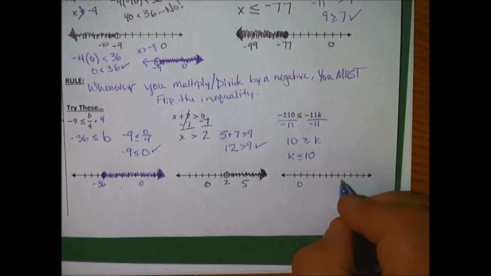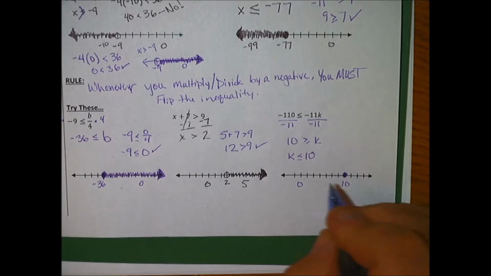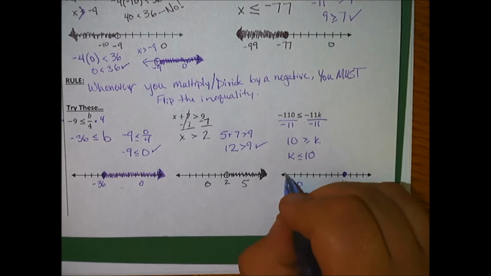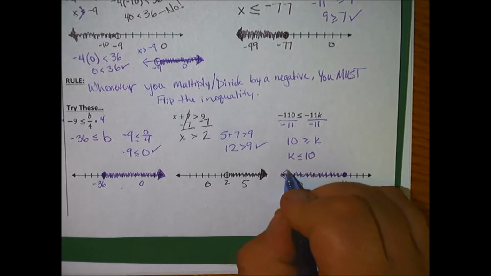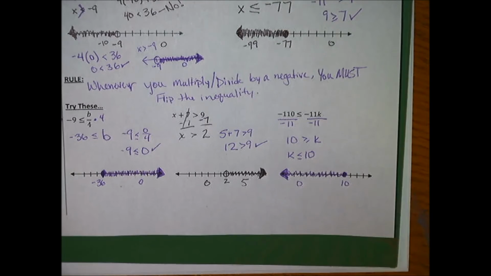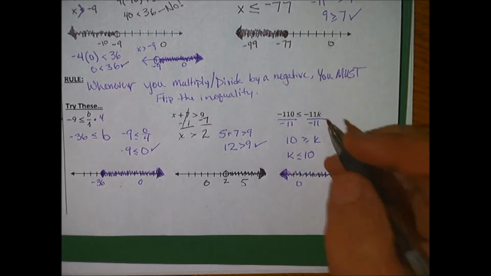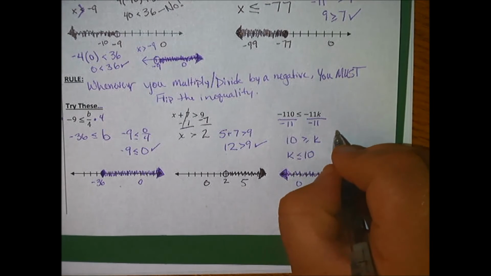So 0's there. We need 10. It can be 10, and it can be any number smaller than 10. So I shade to the left. To check it, again, when I can, I use 0. Why not? Use 0 in the original.